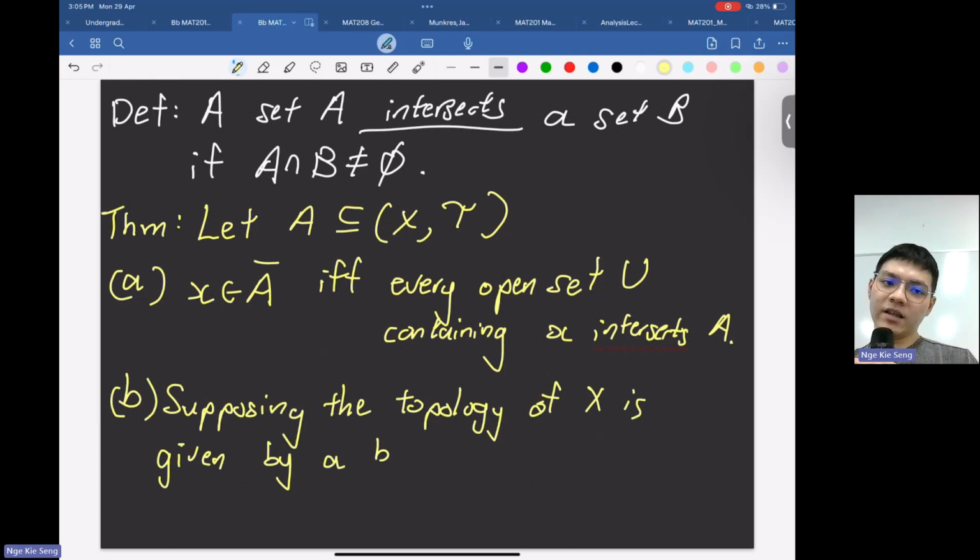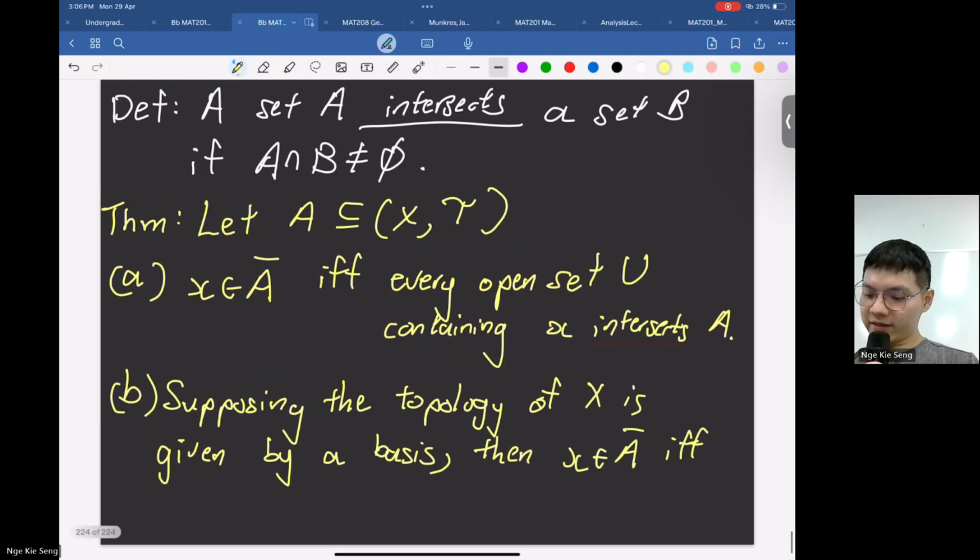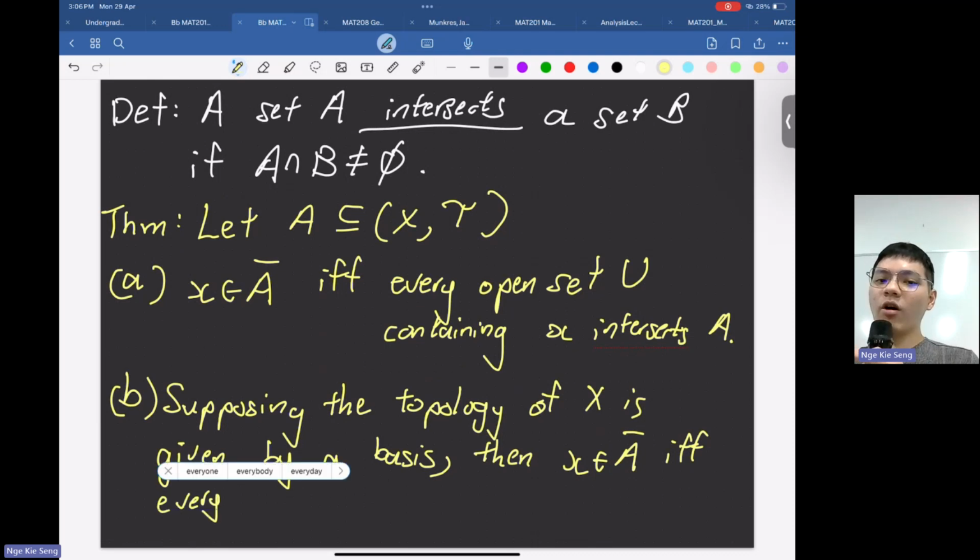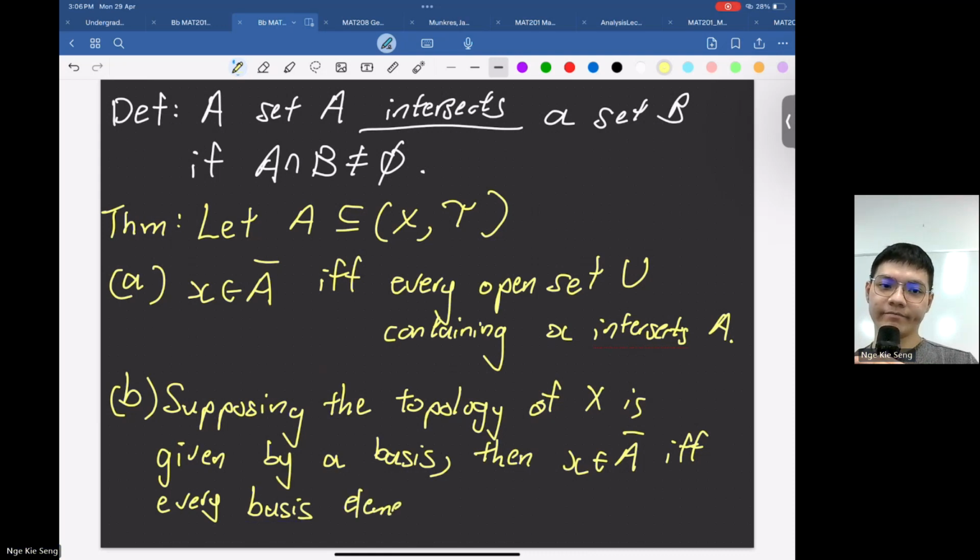Let's say our topology is generated by a basis. Then we can reduce the statement to just checking the basis elements. No need to check all the open sets. We just check on every basis element, and that is enough.